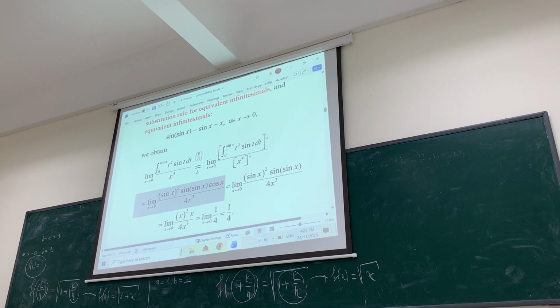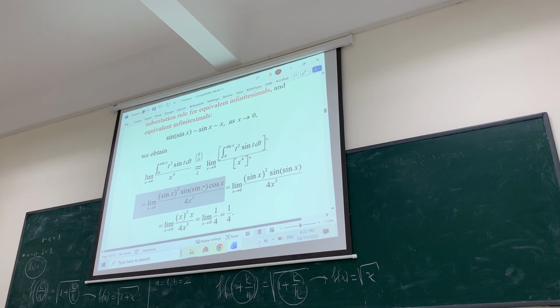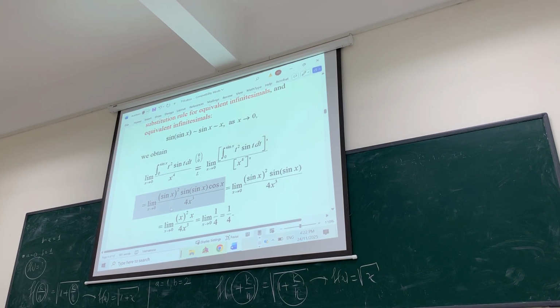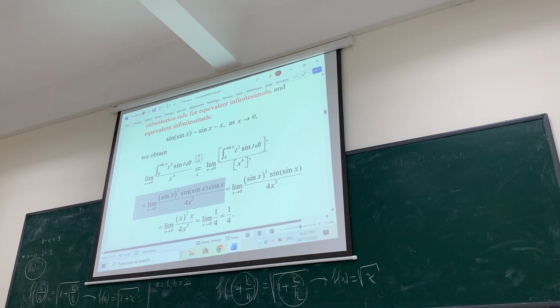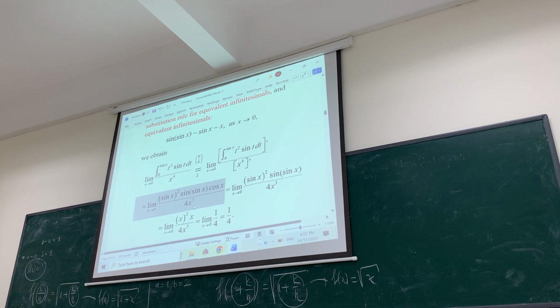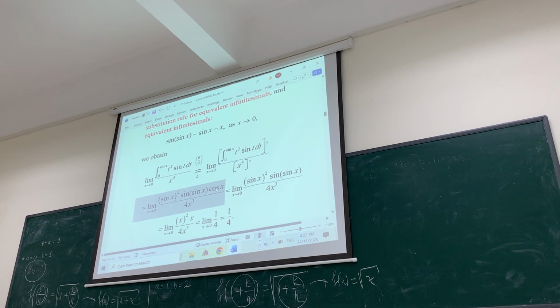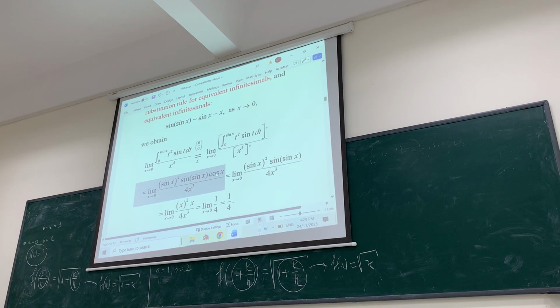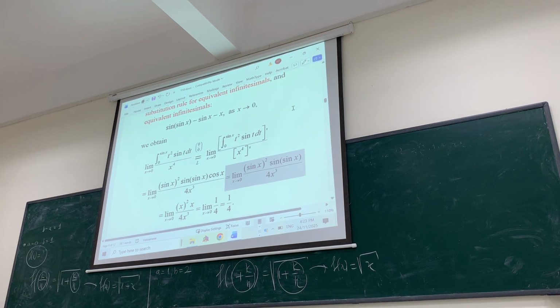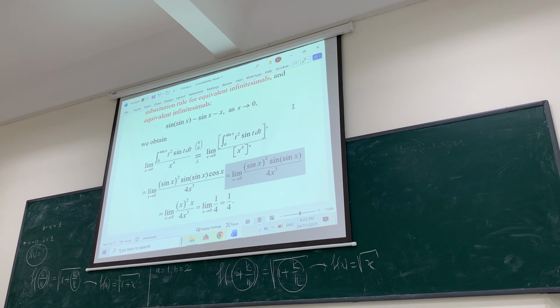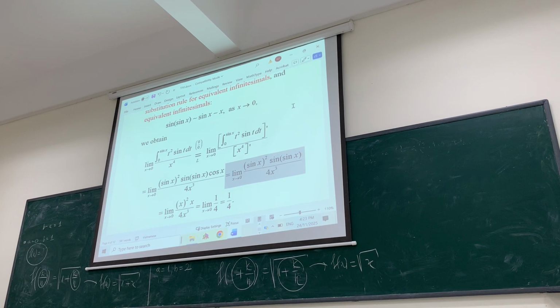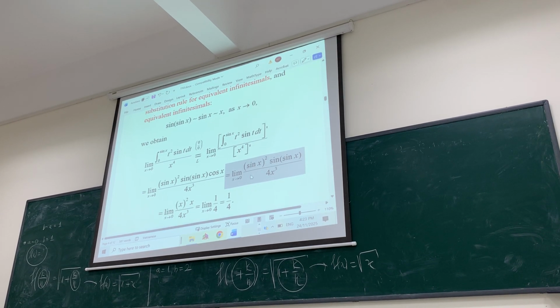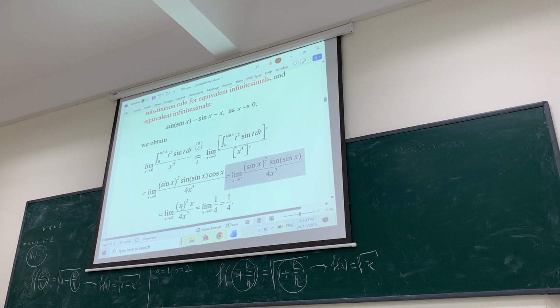The numerator is equal to sin x squared times sin x times cosine x over 4x cubed. Okay? You can see when x tends to 0, cosine x tends to 1. So we can use this for cosine x. Okay? To continue, we use the substitution rule for equivalent infinitesimals. We can replace sin x by x.